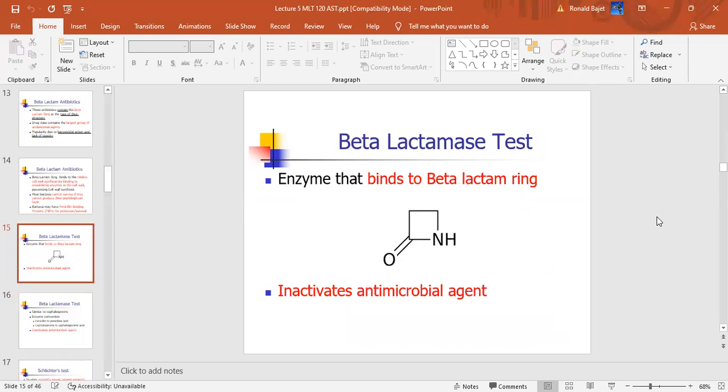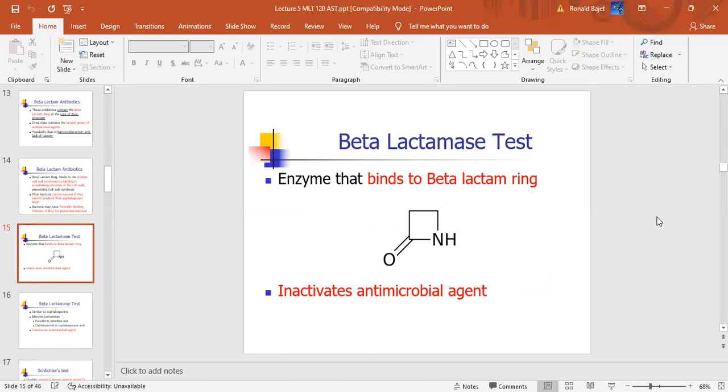This is the beta-lactam ring. Again, the beta-lactam ring is in the penicillin type antibiotic, and that's what affects the enzymes in the peptidoglycan cell wall. The beta-lactam ring will attack the peptidoglycan cross linkages in the bacterial cell wall. Beta-lactamase is something that will attack the beta-lactam ring.